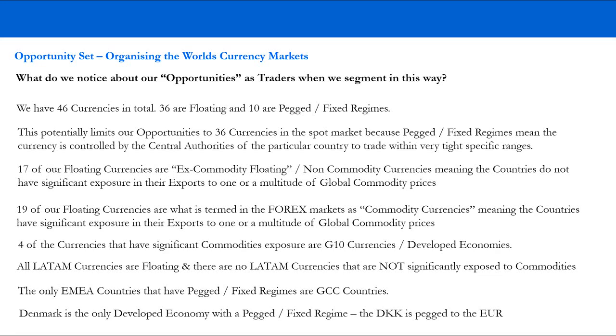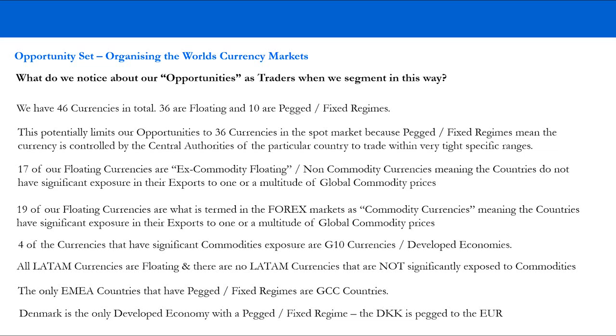So they're non-commodity currencies, meaning the countries don't have significant exposure in their exports to one or a multitude of global commodity prices. 19 of the floating currencies, 19 of these opportunities are what we term as commodity currencies. So the countries have got significant exposure in their exports to one or two commodities.